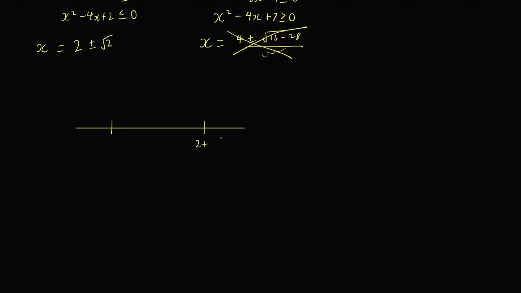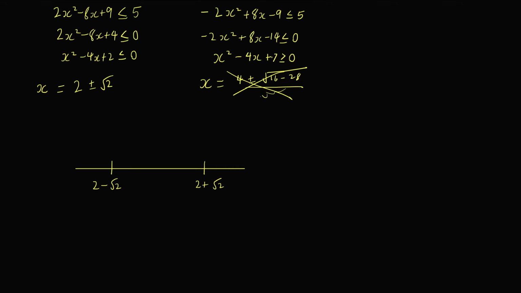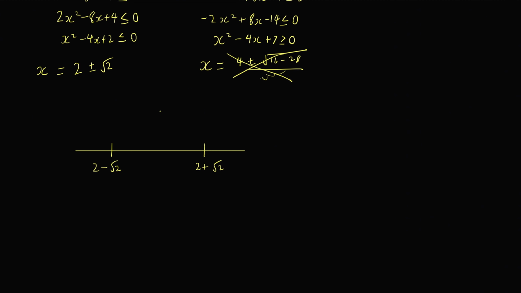So this would be 2 plus square root of 2. This is 2 minus square root of 2. If this also existed, you would have to calculate the intervals for each one of these and see if it actually works, and combine the two intervals. So let's choose some number. This would be positive.